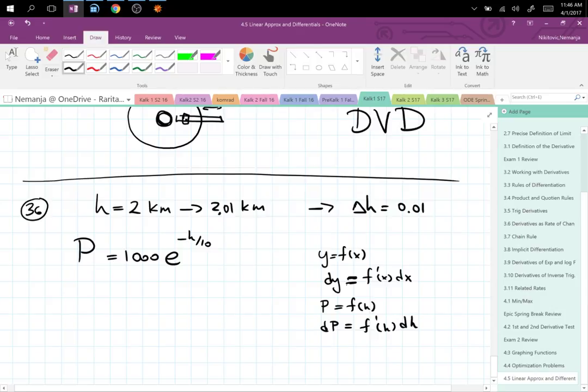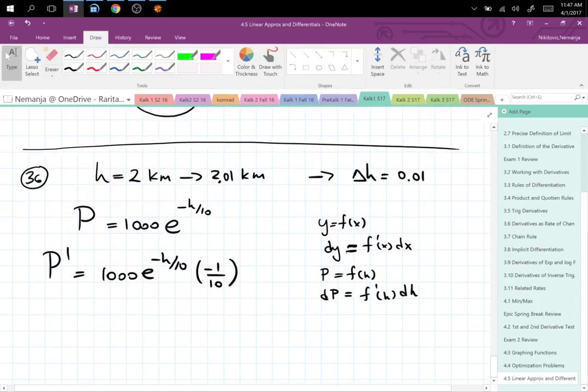I'm just changing x for h, and y for p, so just use the variables that are there. So what's p prime? It's going to be 1000 e to the negative h over 10 times negative 1 over 10 from the chain rule. So p prime is negative 100 e to the negative h over 10.